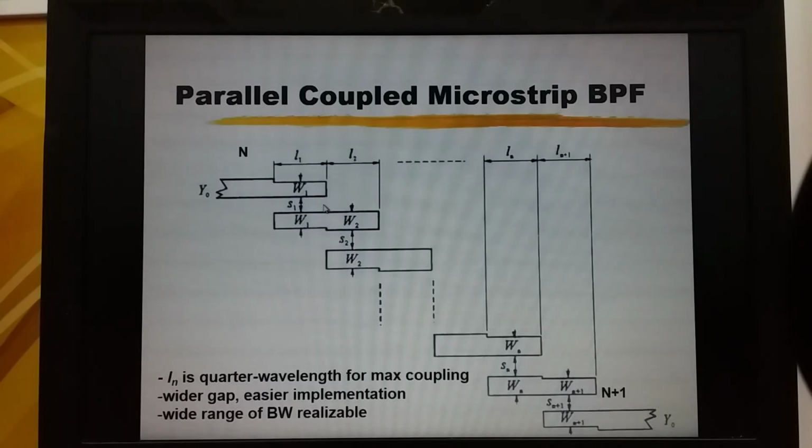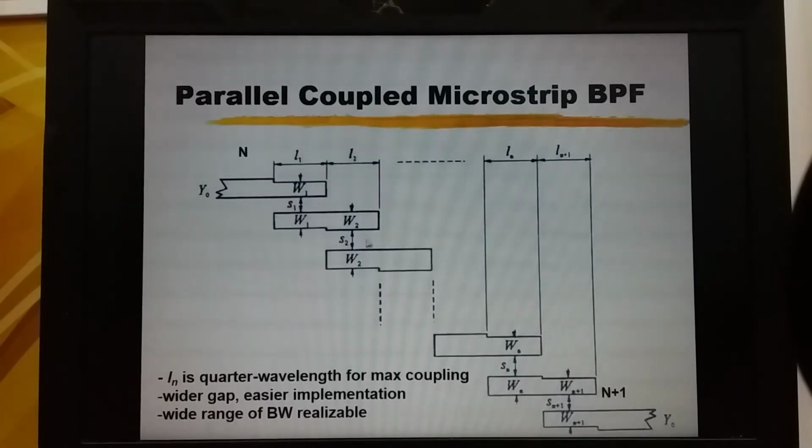That means the spacing can be wider to get the same amount of coupling. The same goes for the coupling between one resonator to the next resonator. As we said earlier, because the coupling length is a quarter wavelength, the spacing can be wider.